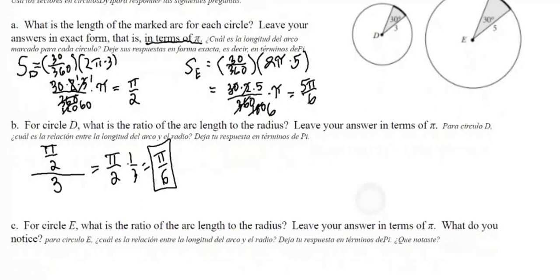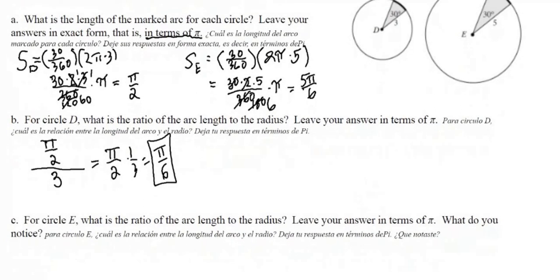And now we're going to do the same thing for circle E. What's the ratio of the arc length to the radius? Well, that's going to be, for this one, 5 pi over 6 divided by the radius, which is 5. And this is the same as 5 pi over 6 times 1/5, which is the same as just pi over 6, because the 5's cancel.